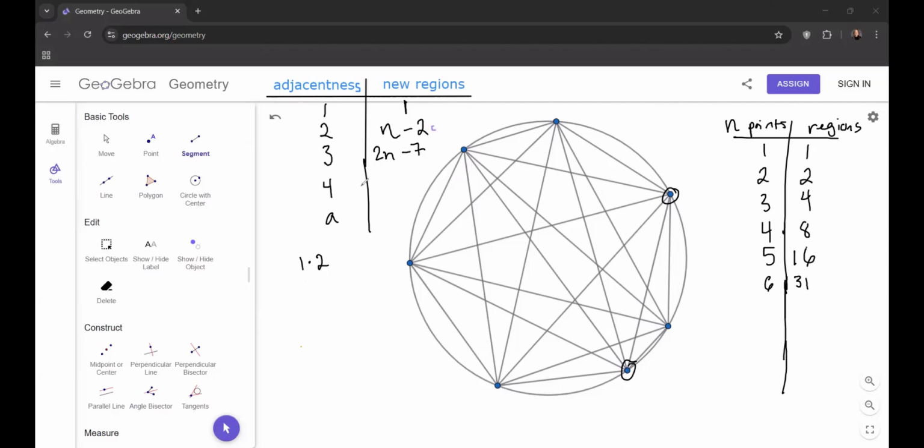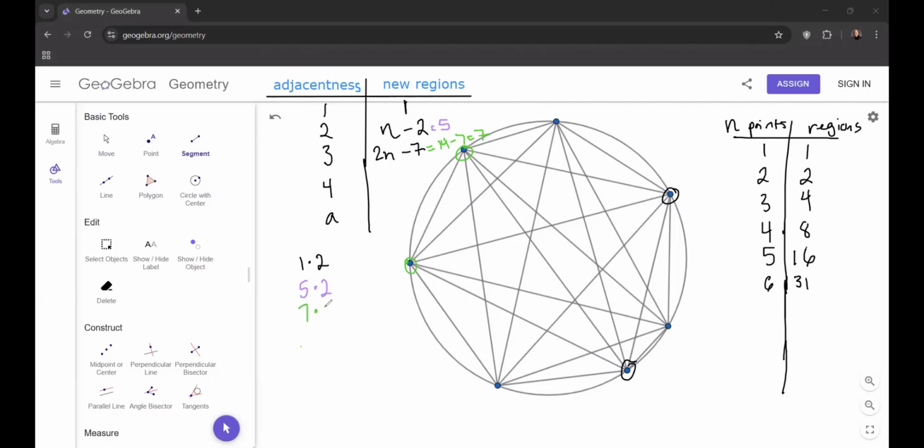Then we're on n equals 7. 7 minus 2 is 5. 5 new regions are generated twice. And again, we're on n equals 7. So that's 14 minus 7, which is 7. And there are 2 points that are 3 away.